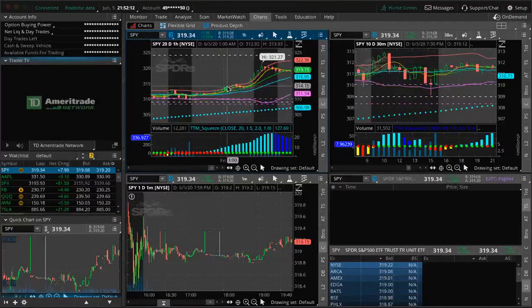So this light blue line is our mid Bollinger Band. This purple line is our lower Bollinger Band, and this red is our top Bollinger Band. I just have these 5 and 10 pulled up so that it gives me confirmation of a golden cross or a death cross.